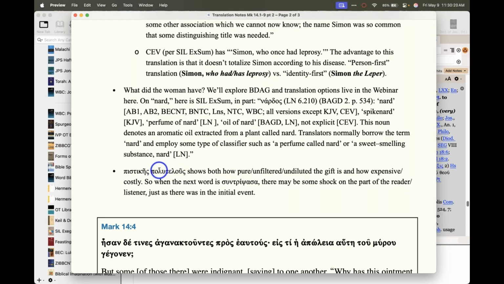Now, I'm a preacher, and it is not hard for me to see a connection here, not hard for any of us to see a connection here to thinking about gifts of worship. That's not going to come into my translation, but I do think that Mark is both referring to the thing offered, but there's also something in here about how it's offered. And we'll come to that, in fact, as the passage goes on.